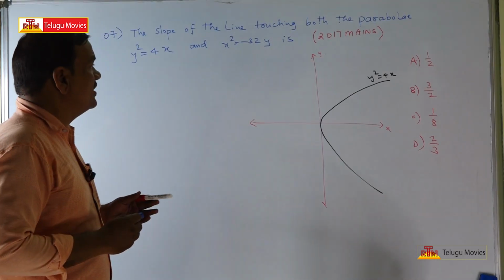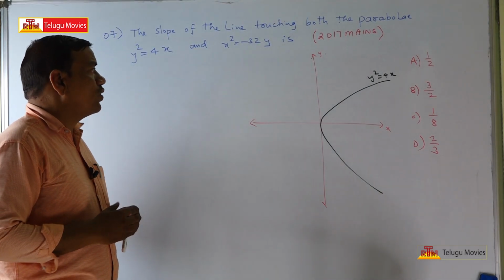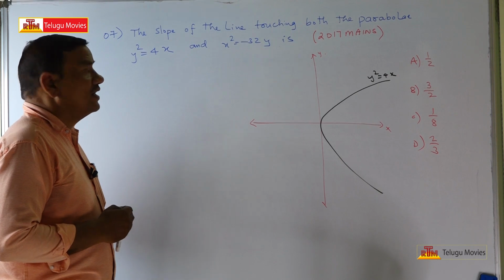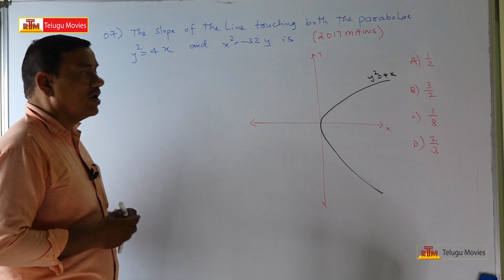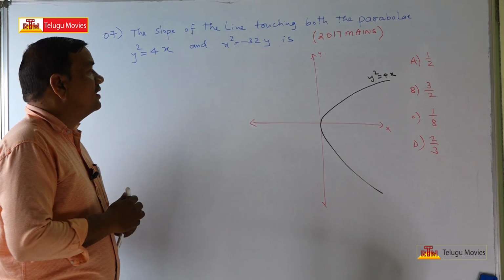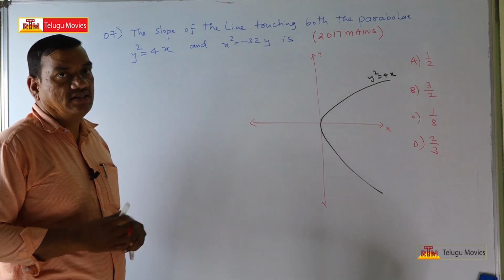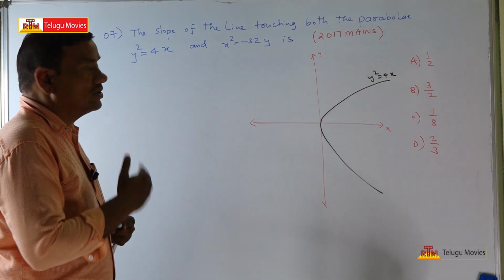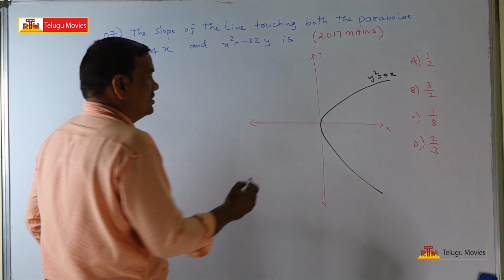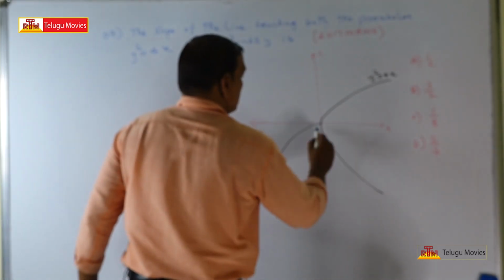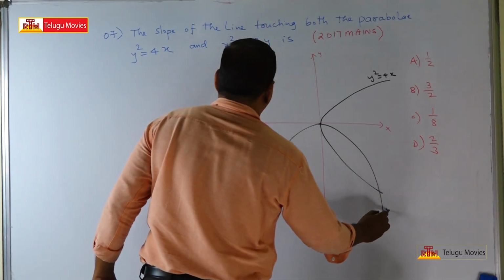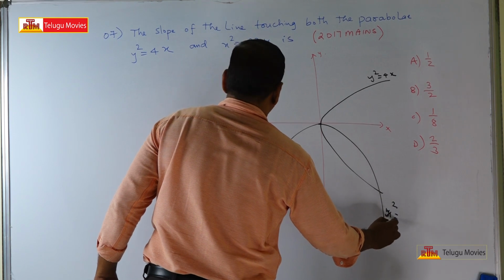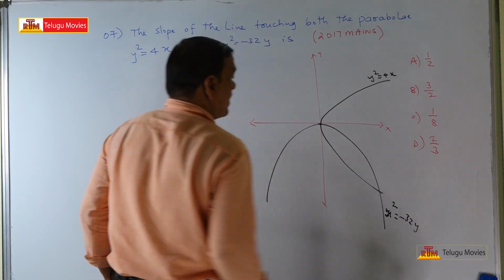And the second one is x² = -32y. It is a parabola passing through the origin and lying along the negative y-axis, that means in the third and fourth quadrants. So this is the x² = -32y parabola.